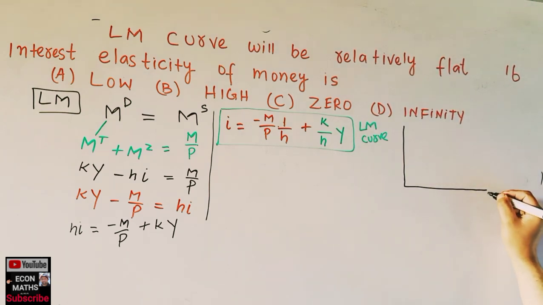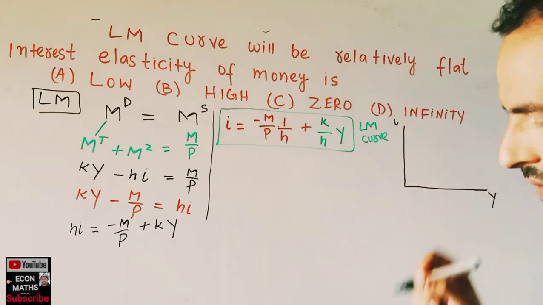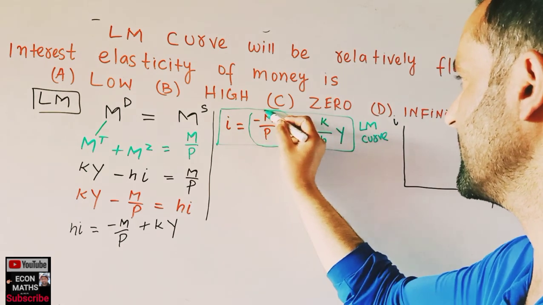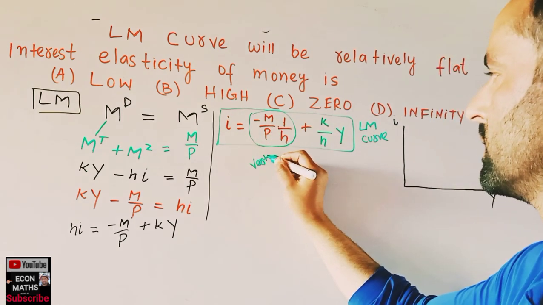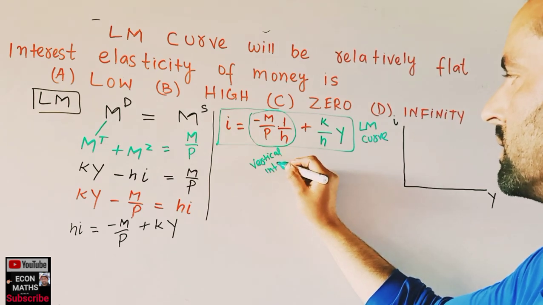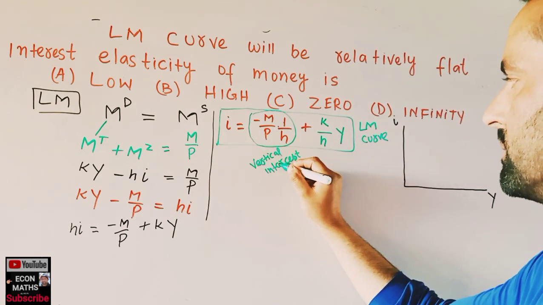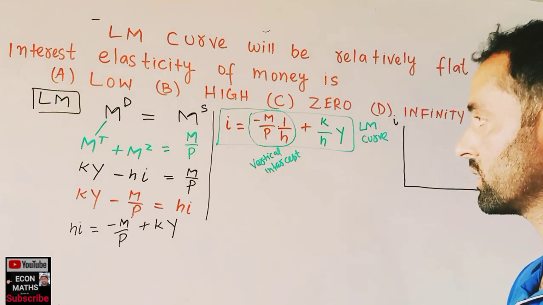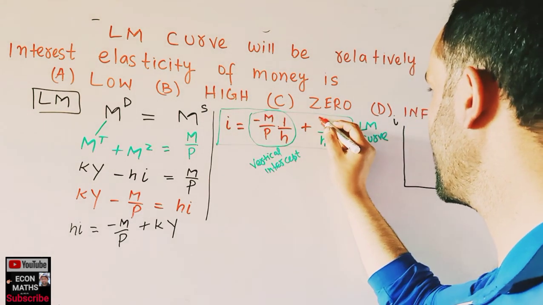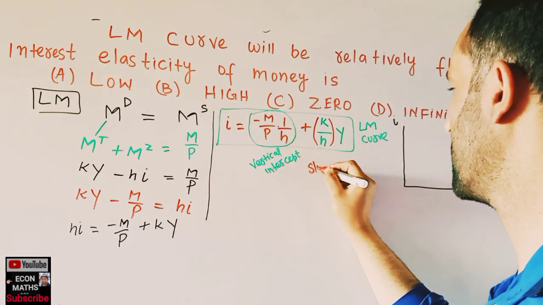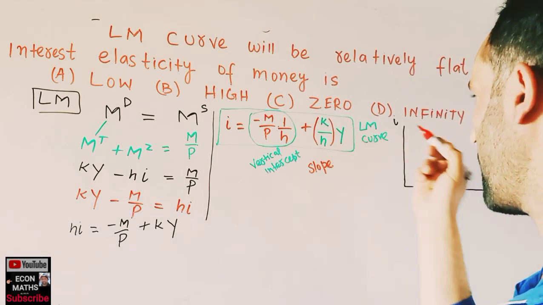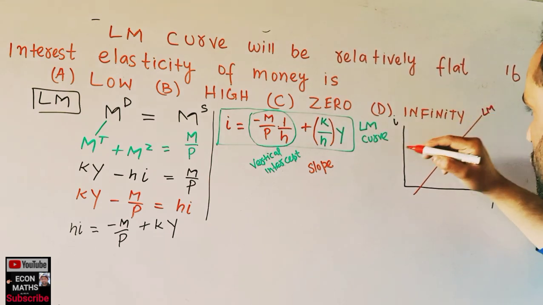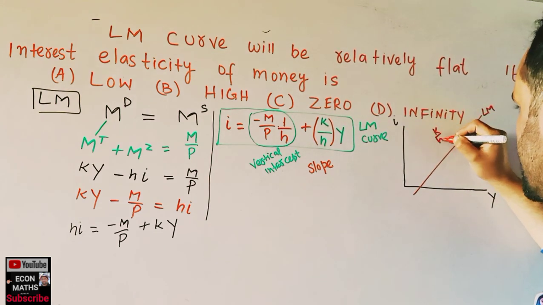If we have level of income on the horizontal axis and rate of interest on the vertical axis, the first term here shows the vertical intercept of this LM curve, and K upon H, which is important in the context of this question, shows us the slope of the LM curve. Let us say this is our LM curve. So the slope is given by K upon H.